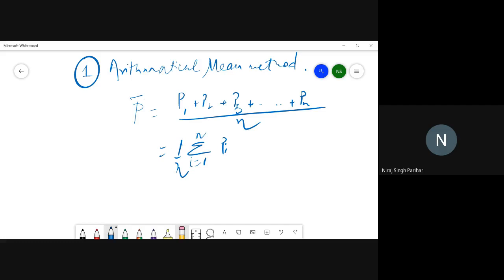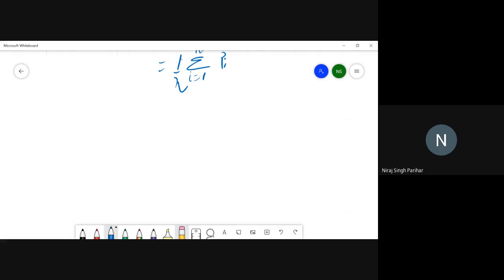Okay, so then we have an improvement over this method. The second method is an improvement over this method. We call that method Thiessen's polygon method.